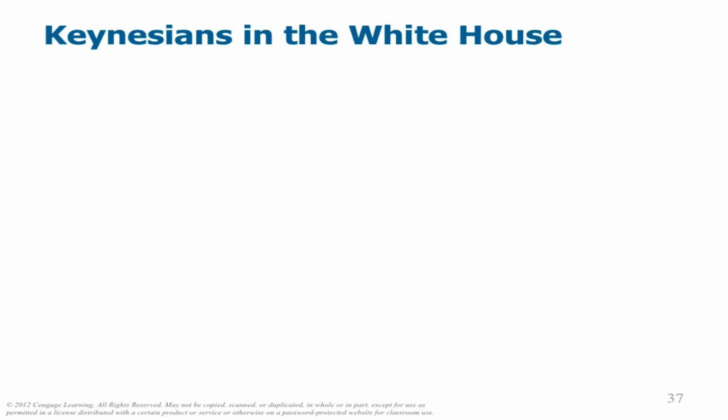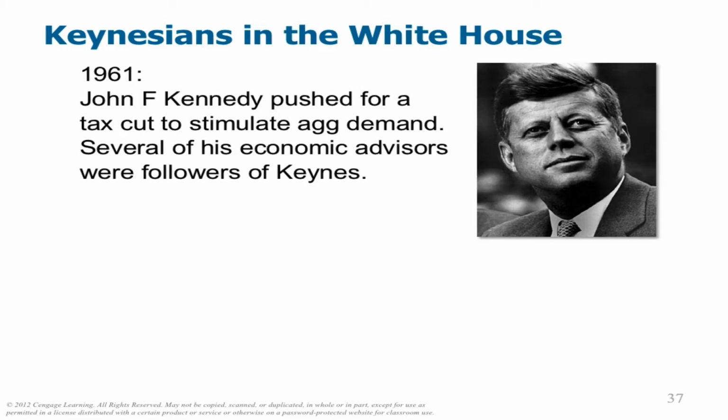We've had a couple of presidents who have been particularly Keynesian in their economic policy. In general, our presidents try to walk the middle road. JFK was dealing with some interesting economic things going on in his presidency, and he was pretty Keynesian about his approach.